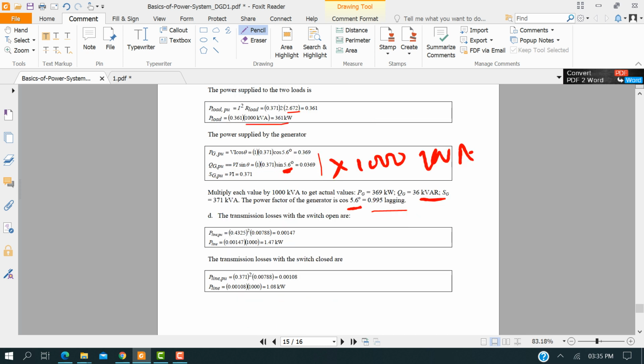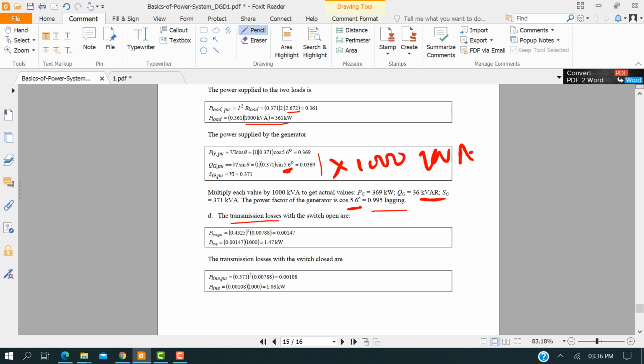And now in this last section, what about the losses, the transmission line losses. Losses can be expressed as I square R, similarly I square R, but in the transmission line, so it must be considered in the transmission line.